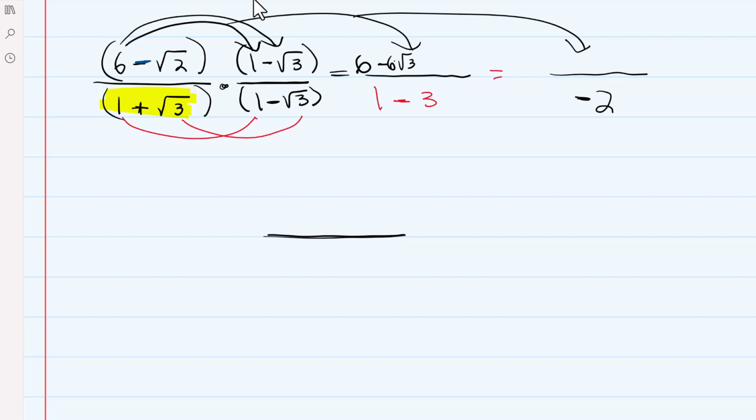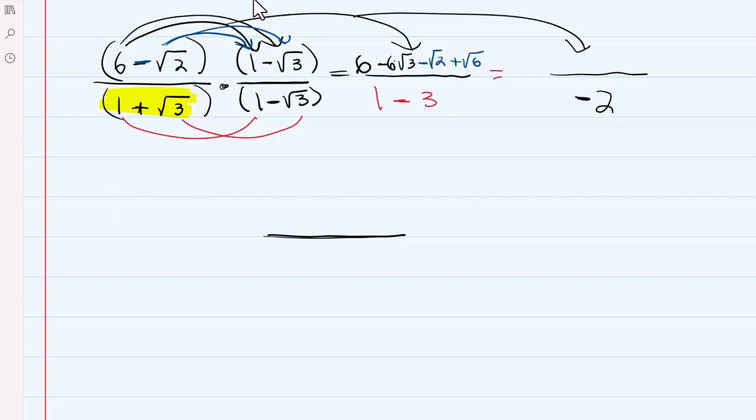Now, negative root 2 times 1 is negative root 2, and negative root 2 times negative root 3 is positive root 6. Because remember, when you're multiplying, you can multiply anything, so negative times negative is positive. Since they're both square roots, you can put them under the same radical sign, and then 2 times 3 is 6. So that's where that comes from.